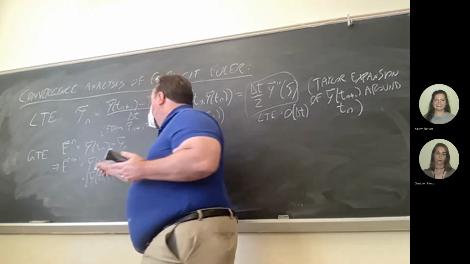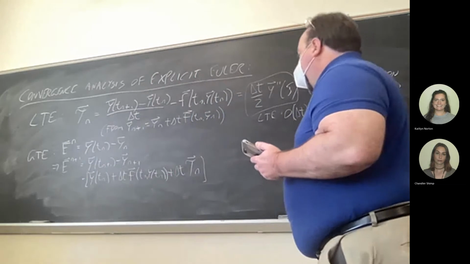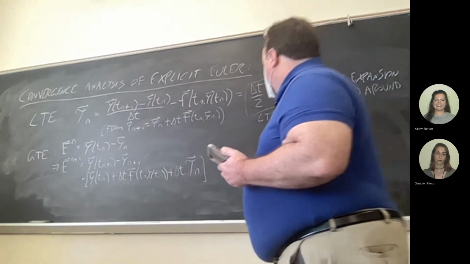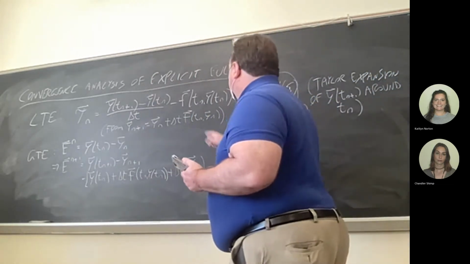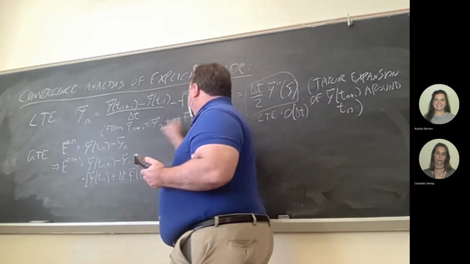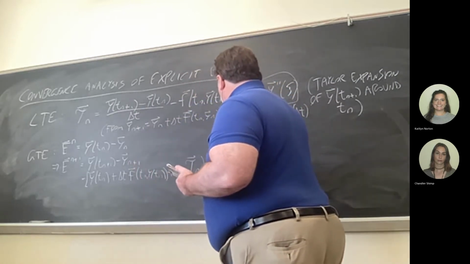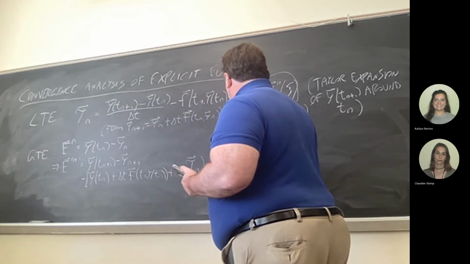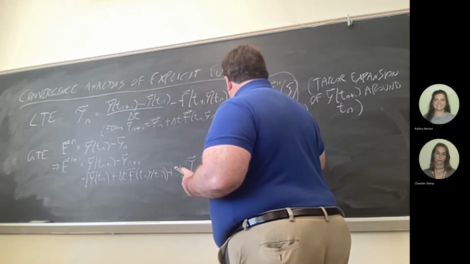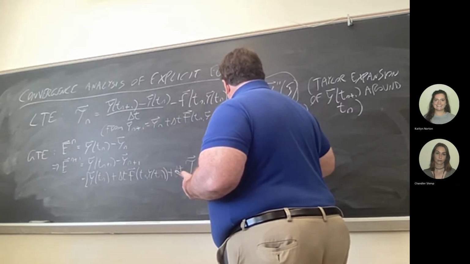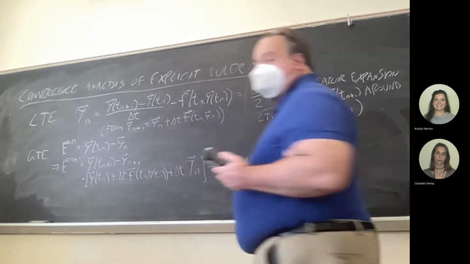All right, so that comes from the y_{n+1} part. Then I substitute in Euler's method. y_{n+1} gets replaced with all this.